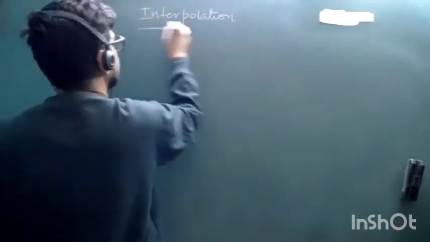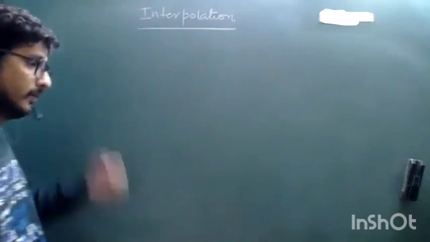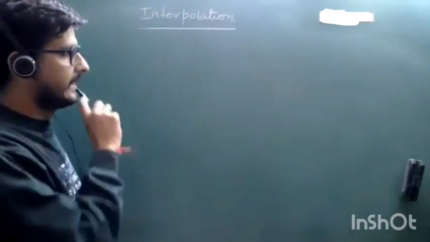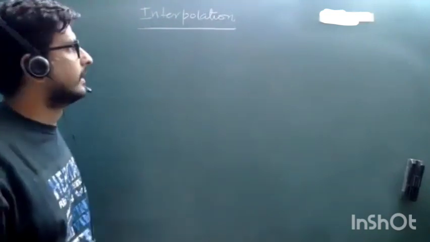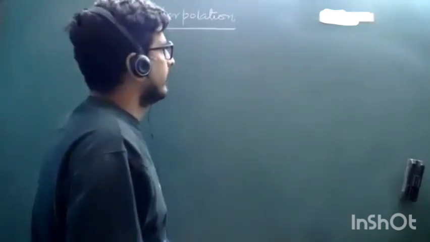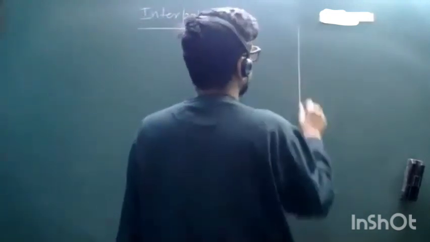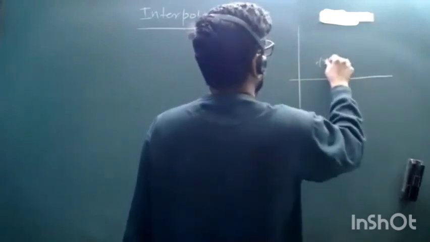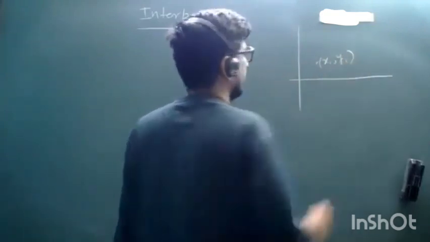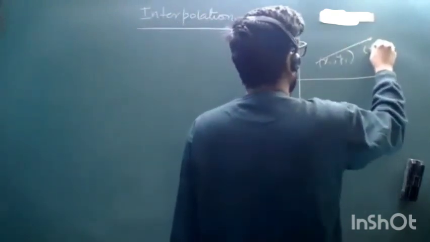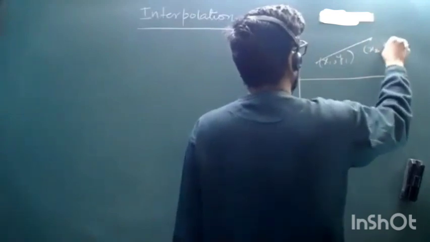Many times they have asked questions on this. What do you mean by interpolation? So the idea of interpolation is something you read at a very early level, for example, class 11th or so. Suppose you have 2 points like this, x1, y1, and another point, x2, y2.